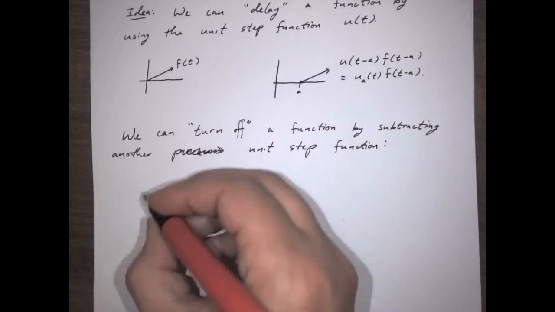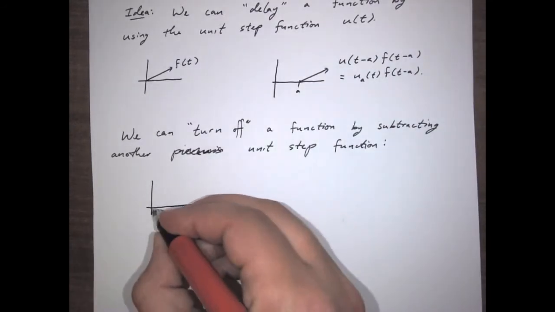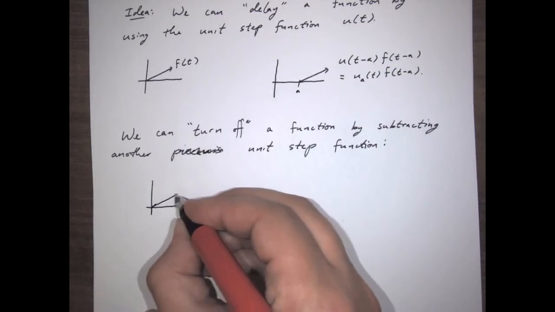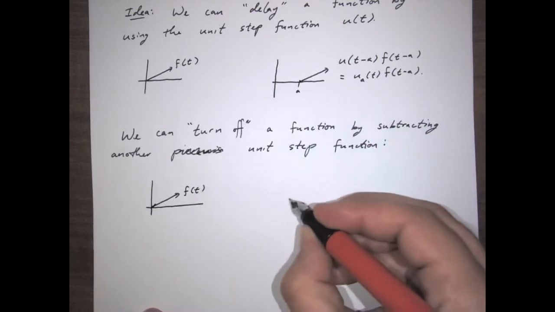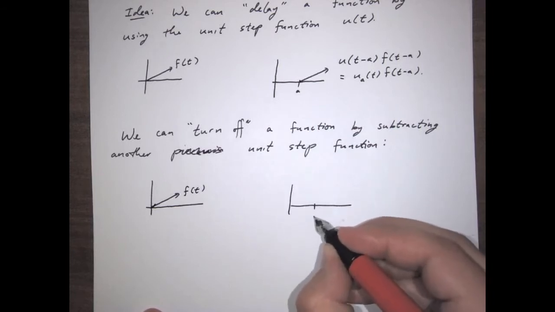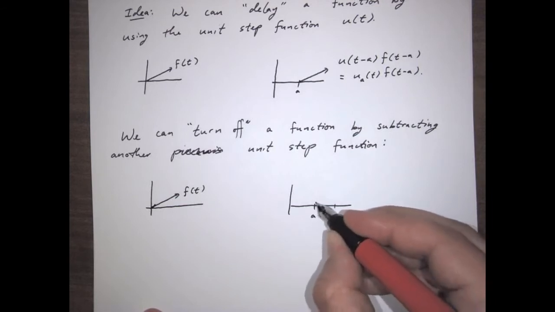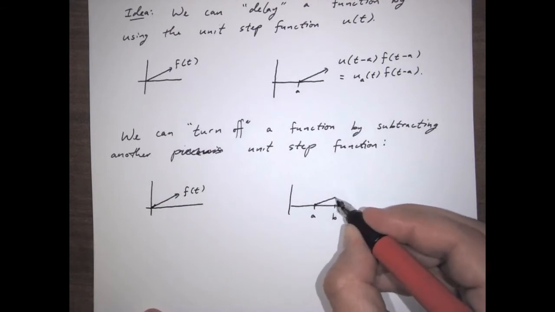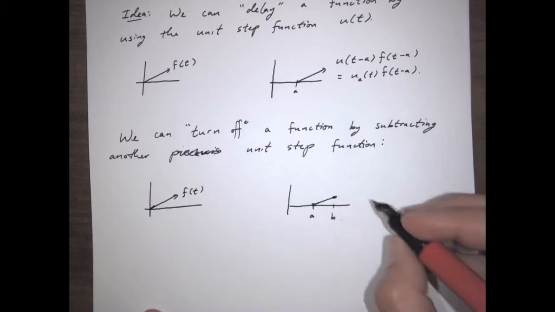So, for example, if our f of t was again that little line going up, and I wanted it to go specifically from a starting value of a to an ending value of b, and I just wanted it to be completely shut off right there. Start there, end there.